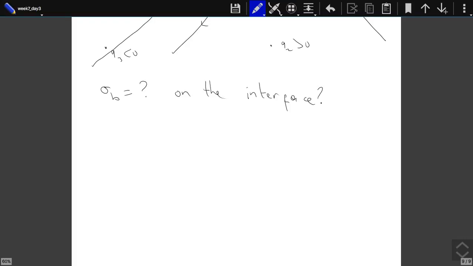We know the electric field at the interface. How? We know the potential. From the potential, we can calculate the electric field at the interface and count the charge density.